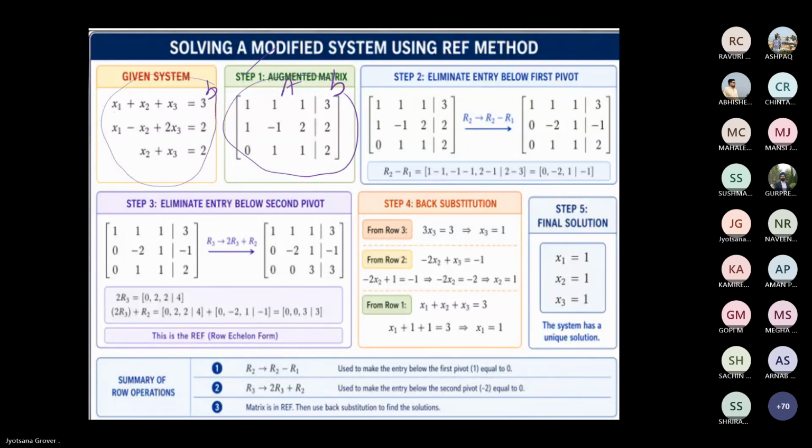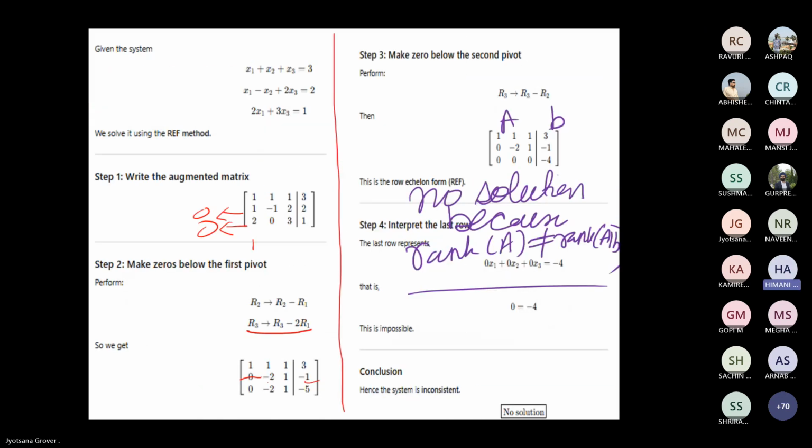Yes. And in the previous example where we had three equations, the third equation had 2x1 plus 3x3 equal to 5. If that had been the scenario here, then rank of A would have been equal to rank of A augmented B. So what would be the inference in that scenario?